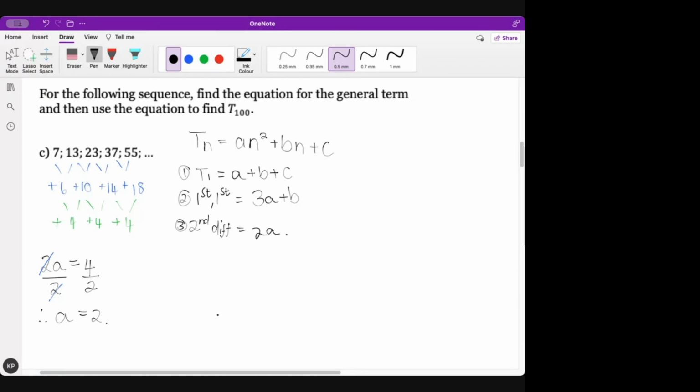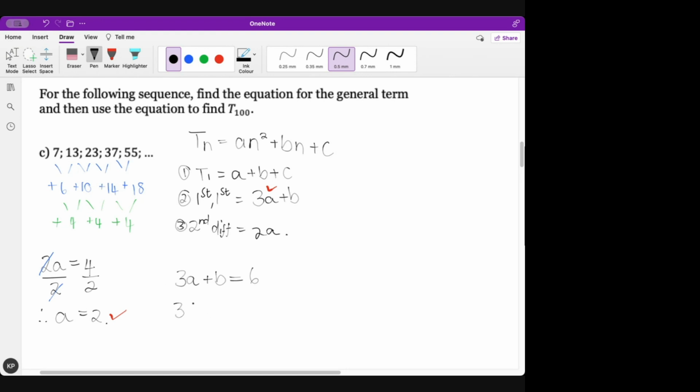All right, guys. Now we have a, which means we can now work out b. What is my first difference? Nice, Edith. My first difference is indeed 6. That means 3a plus b is equal to 6. But we know a is 2 because we just worked it out.